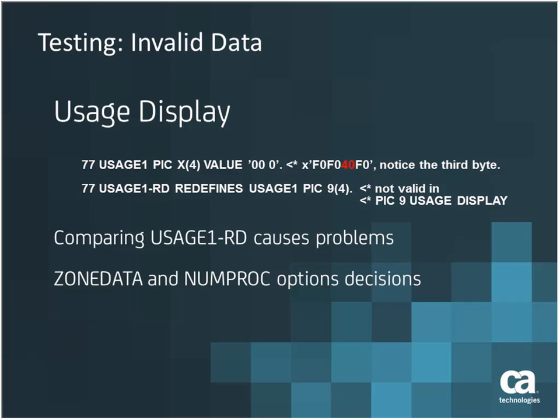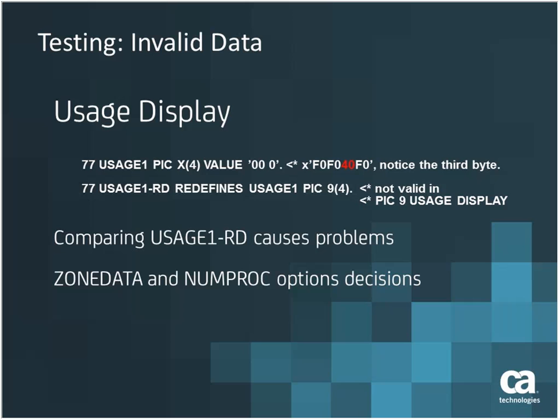For older versions of COBOL, doing a comparison on a USAGE DISPLAY field would not cause an abend, and it would produce consistent results, albeit they could be incorrect results, but they would be consistent. So if they were correct in your environment, you wouldn't know that this was a problem. But again, COBOL version 5 assumes that all the zone bits are going to be correct.